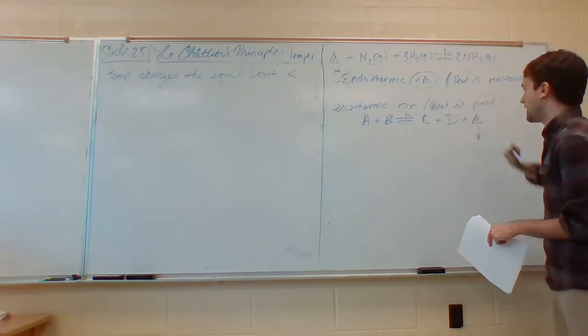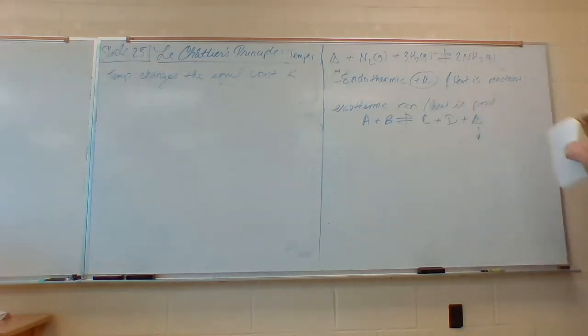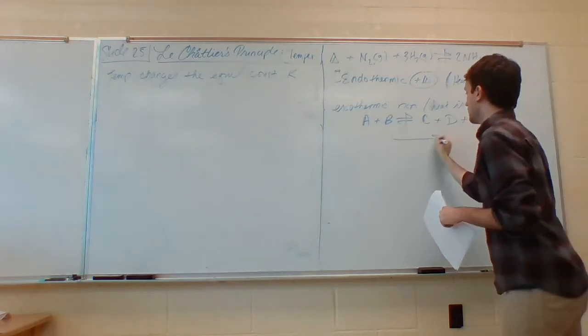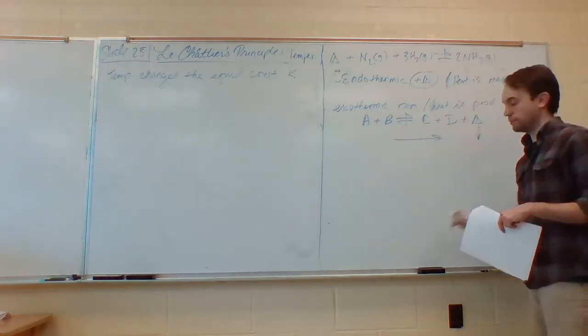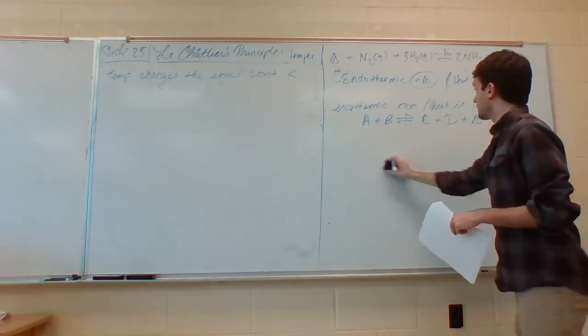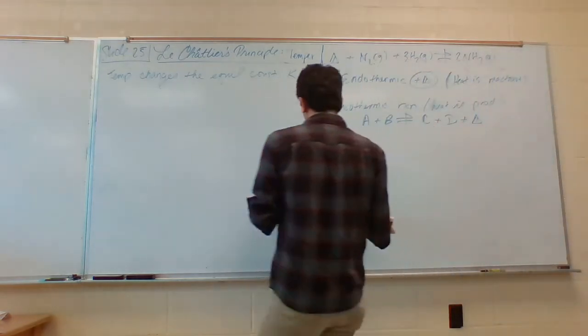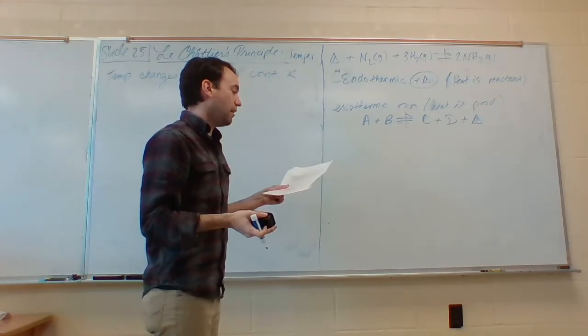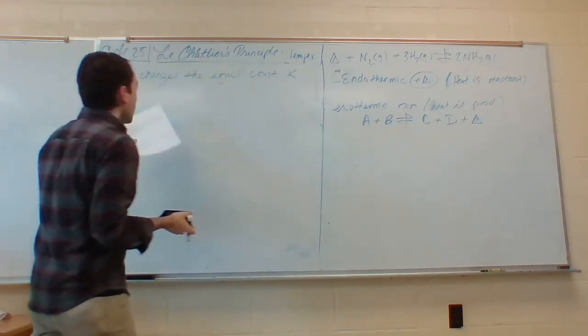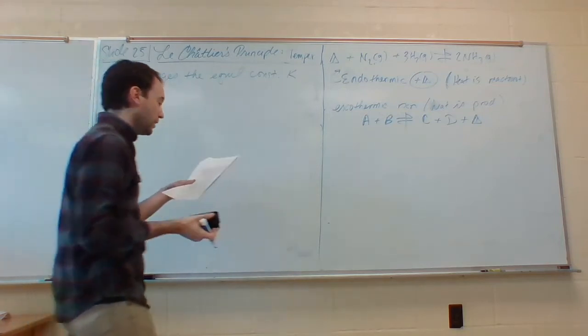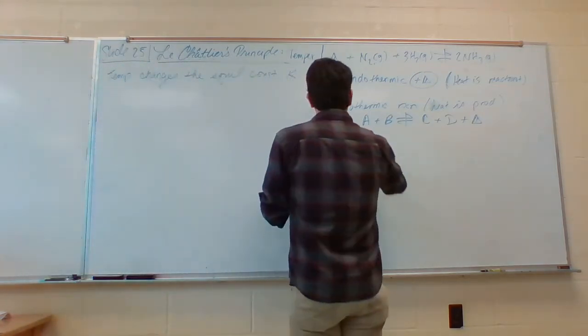Well, that means that this team will be weaker and it will pull us to the right, okay? And we will produce more of C and D, okay? So those are going to be how heat affects our Le Chatelier's principle and our equilibrium, okay?